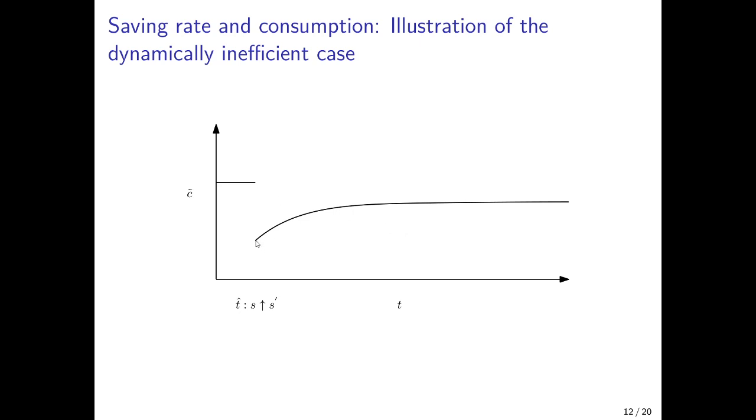So we don't only have a short run sacrifice, we also have a sacrifice in the steady state. Every generation is made worse off by the increase in the saving rate, and by implication, every generation can benefit by decreasing the saving rate. And that's what dynamic inefficiency is all about.